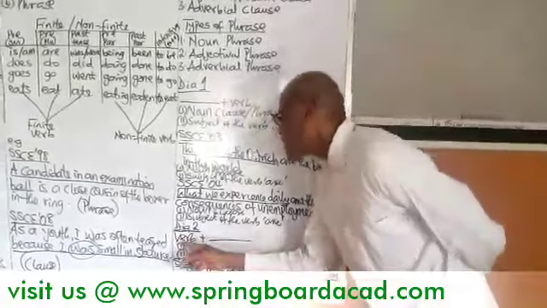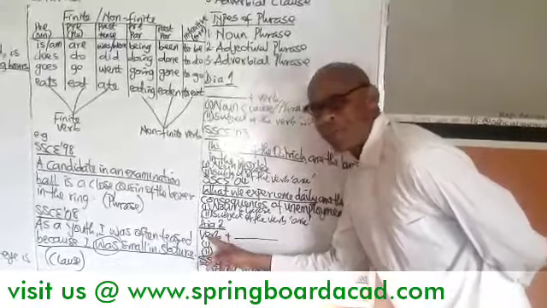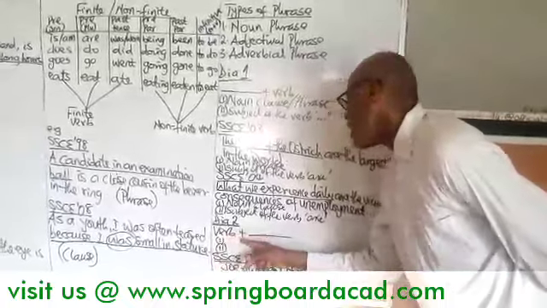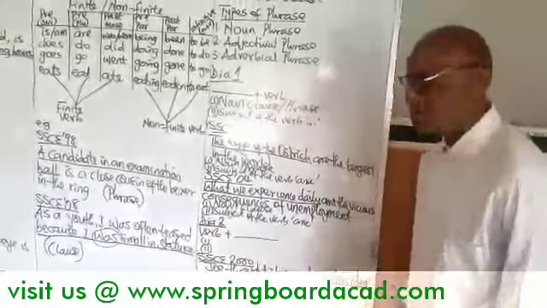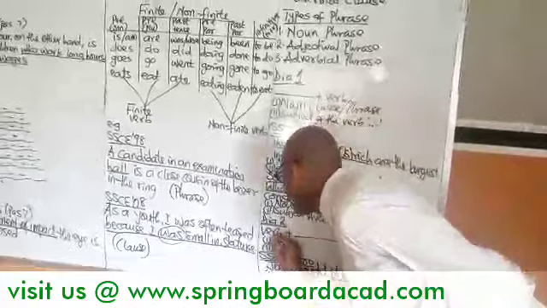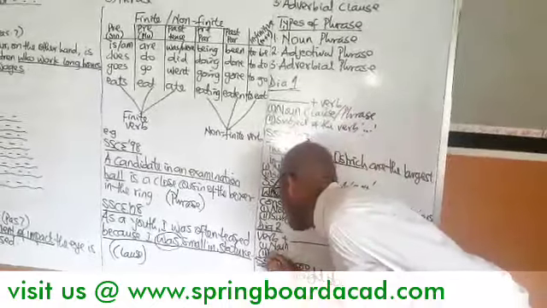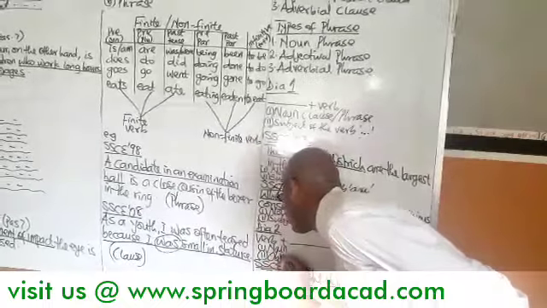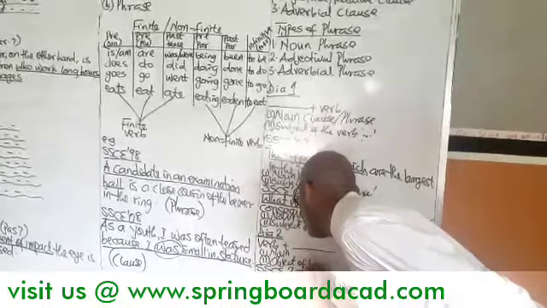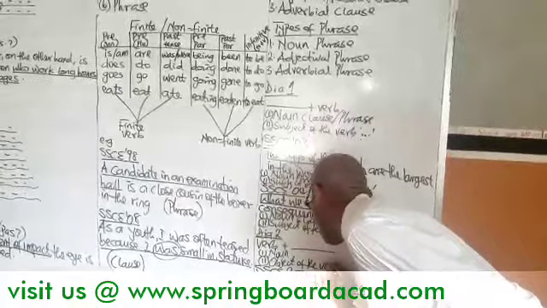Now, if you see a verb, immediately after that verb, there is an underlined word, don't waste your time. Write noun. Come here and call it object. Call it object of the verb.